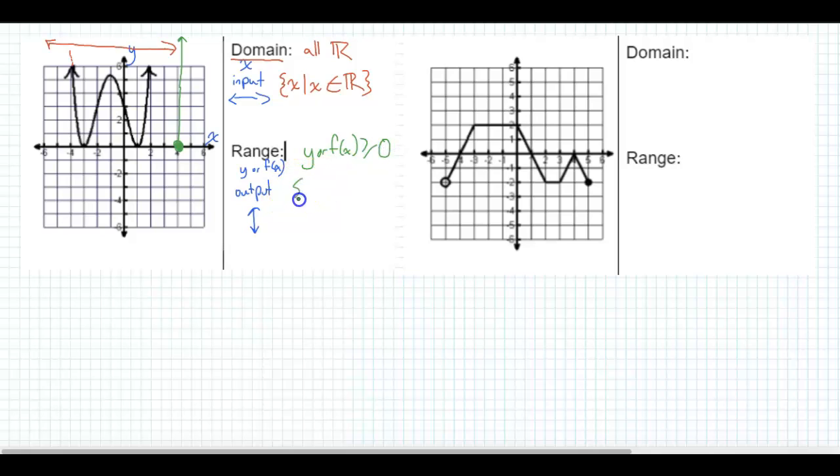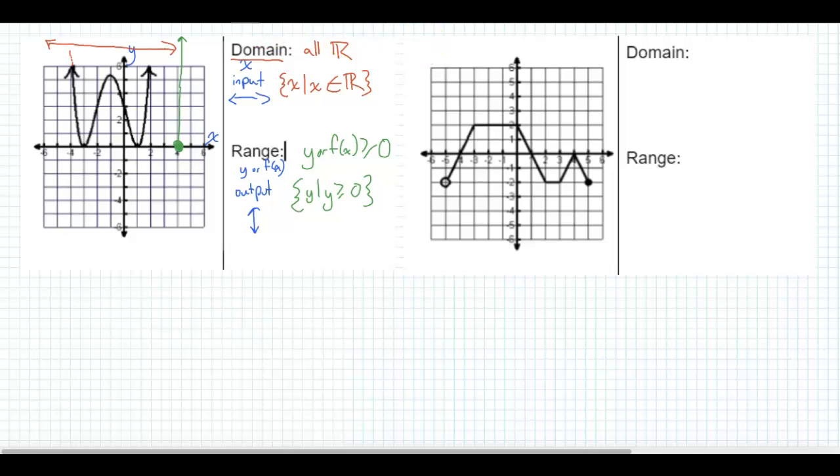In set builder notation, y is such that y is greater than or equal to 0. Even if you said it in words, I would accept that. And you're going to be matching graphs because it's one of those kinds of questions. You're not actually going to have to write it.